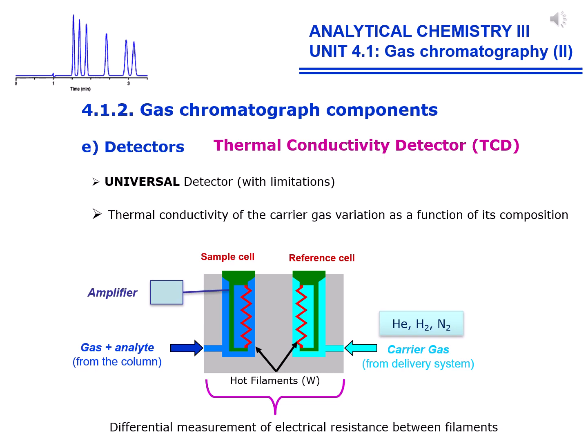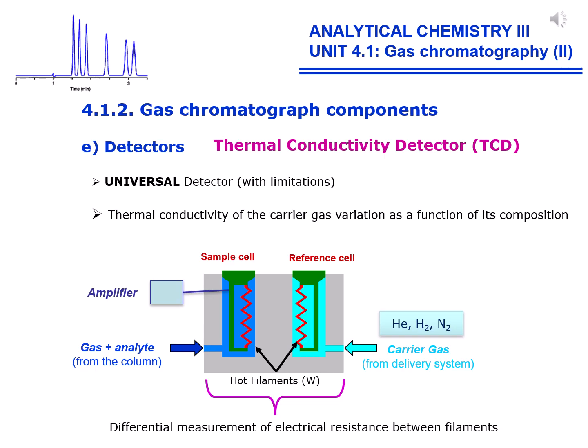The figure shows a typical TCD configuration consisting of 2 cells, each containing 1 hot tungsten filament. Carrier gas continuously flushes through the reference cell, while the effluent from the column passes exclusively through the sample cell containing carrier gas plus analyte.